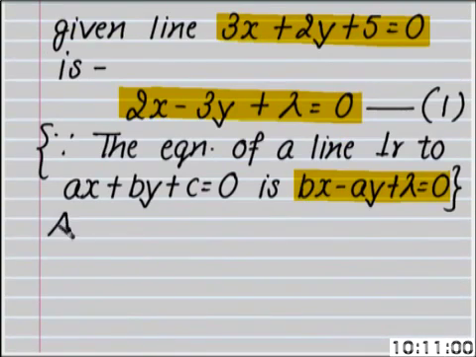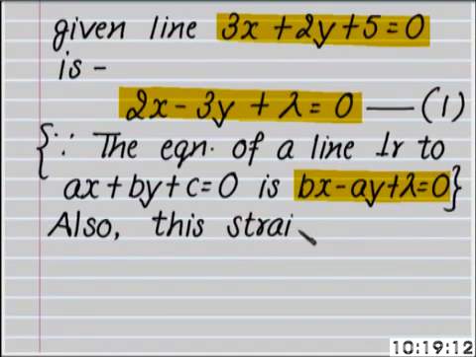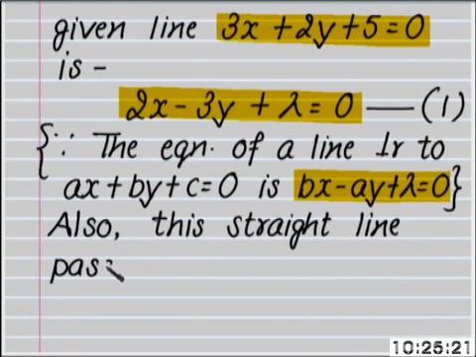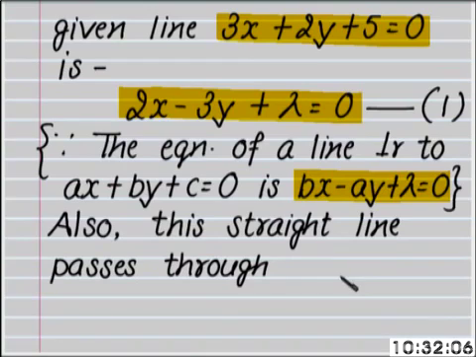Also, it is given that this straight line passes through the point with coordinates 3 and 4.